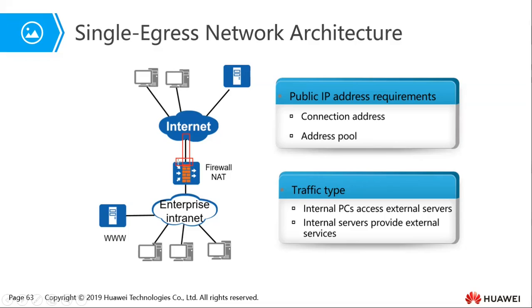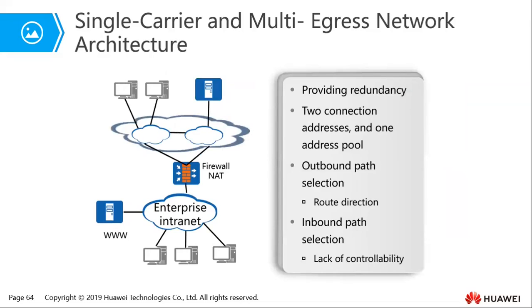So other than it having a public IP address permanently, when we are using PPPoE, it can also request an IP address on the fly, or what we call dynamically. Now, that is one of the traffics that we are talking about: traffic from our internal users to servers on the internet. The other traffic we need to consider is traffic from outside to our servers that offer services to people on the internet.